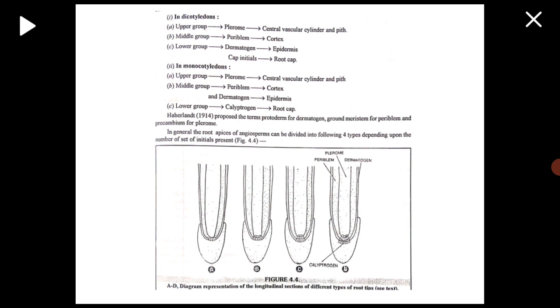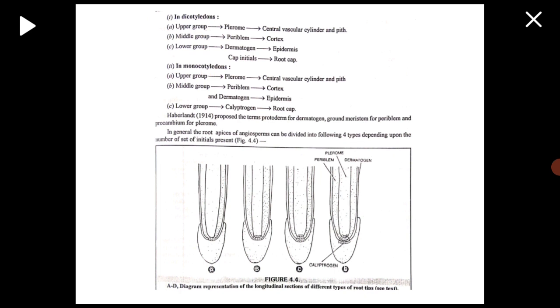Examples are plants belonging to Ranunculaceae, some Leguminosae, Amentiferae, Allium sativum. Two rows of initials: the outer layer gives rise to root cap, epidermis, and cortex. The inner layer forms the central cylinder. Example: Casuarina.